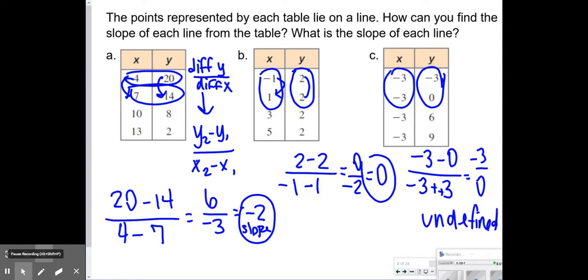Okay? And with this one, because the division is by 0, you would just say the slope is undefined. And we'll see what that looks like whenever we start to plot that. So just remember, anytime 0 is on the bottom, you cannot have a number being divided by 0, so that slope is undefined. But you can definitely do like letter B, 0 divided by 2.